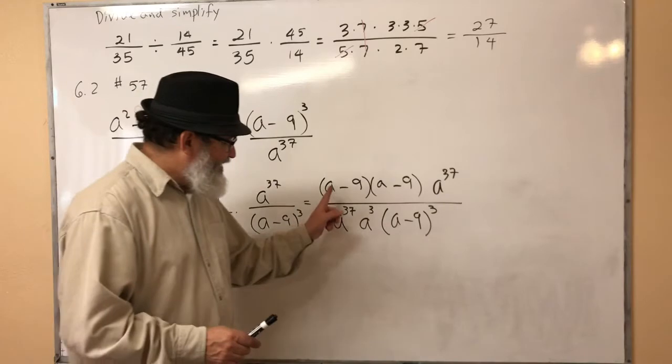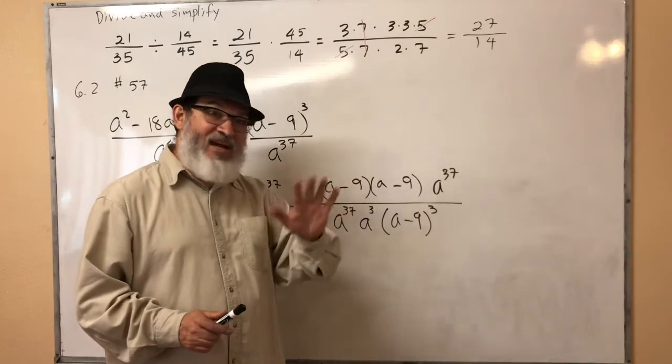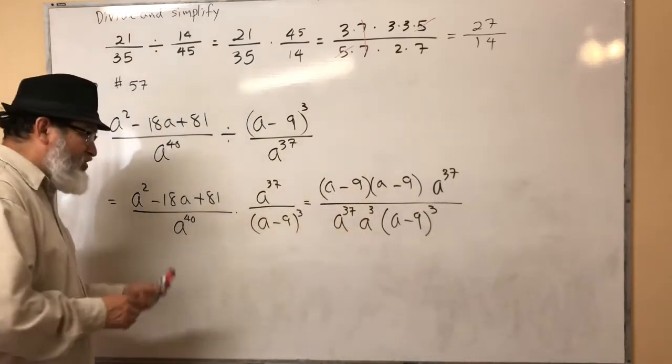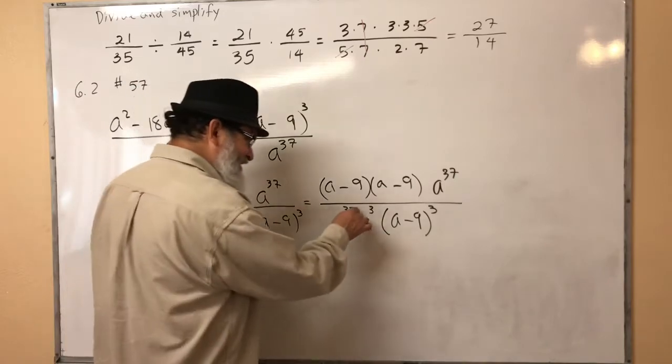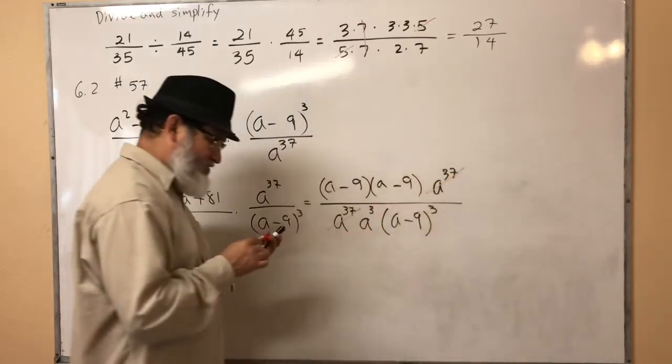Guys, this a minus 9 times a minus 9 is a minus 9 to the second. I tell you right now, this a to the 37th cancels this a to the 37th. Yes, it does.